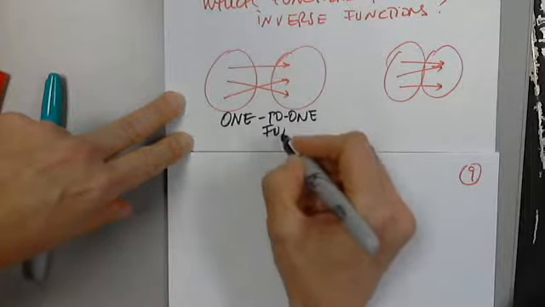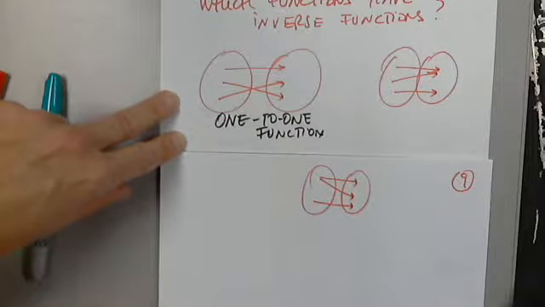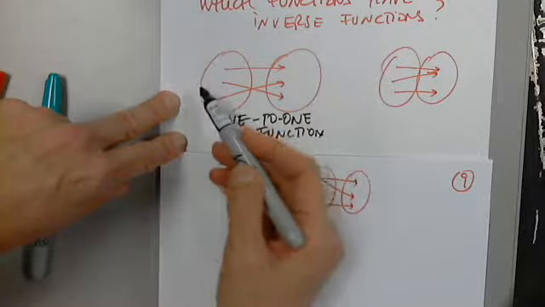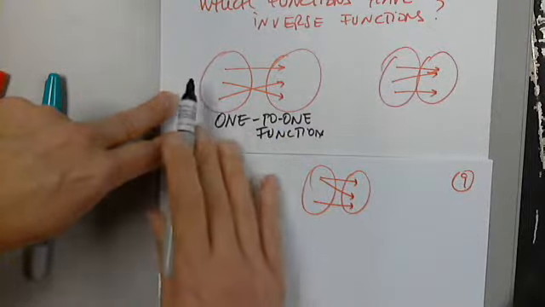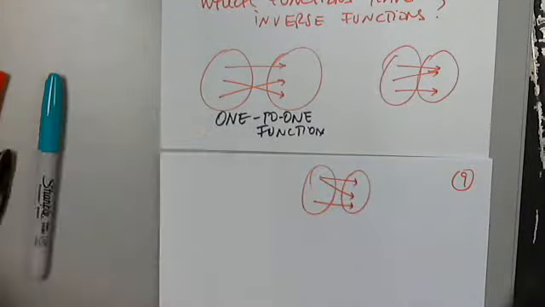One-to-one function. Meaning, to each y, it also corresponds only one x. Not just to each x, one y, but also to each y, one x. Only one-to-one functions have inverse functions. So I'm going to write that note in a minute.